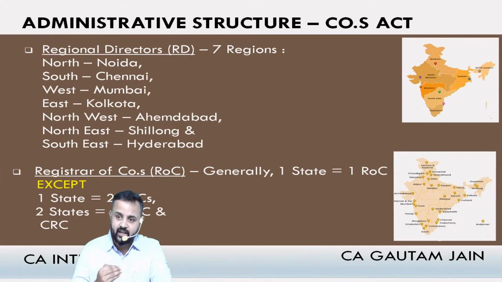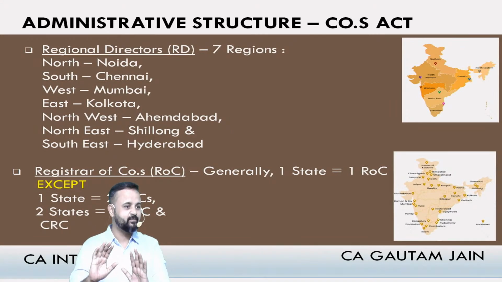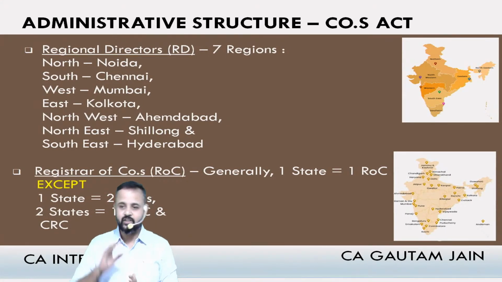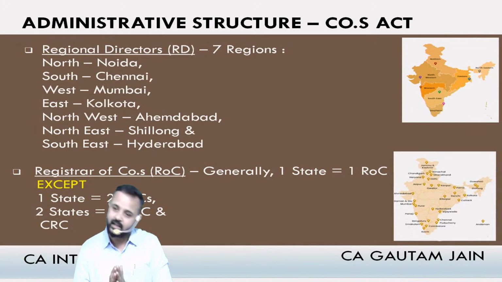Whereas Maharashtra and Tamil Nadu, though one state, have got two ROCs. Maharashtra has got ROC Mumbai and ROC Pune. Tamil Nadu has got ROC Chennai and ROC Coimbatore. When I said Maharashtra, you have to first specify Tamil Nadu, correct? So that is how there can be some exceptions as well.